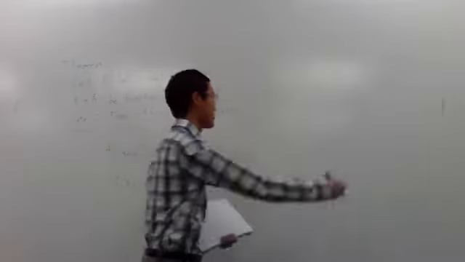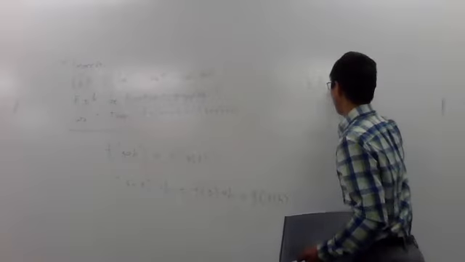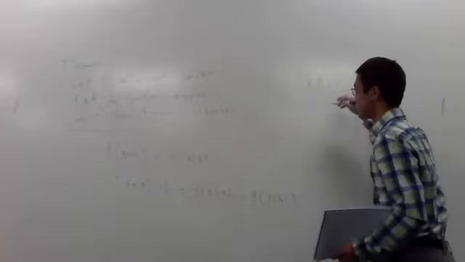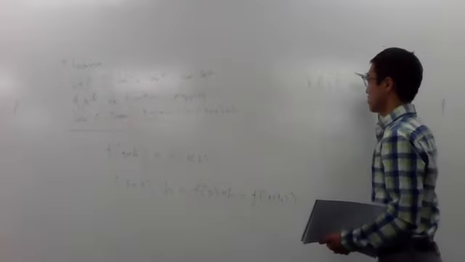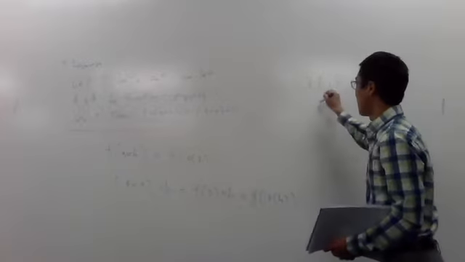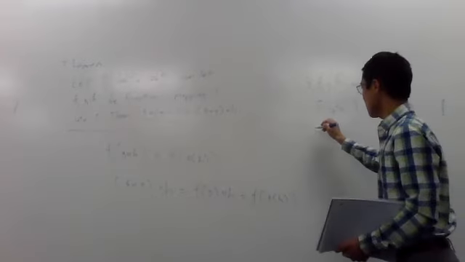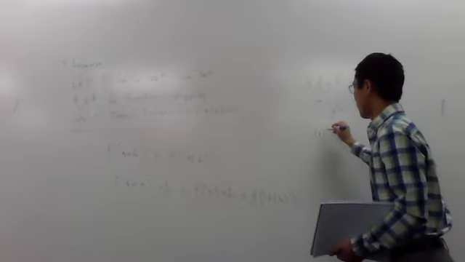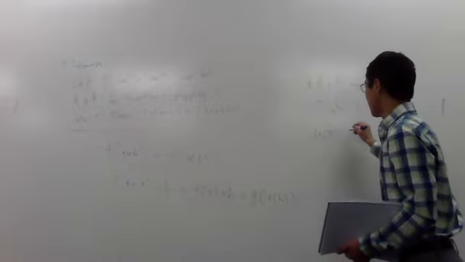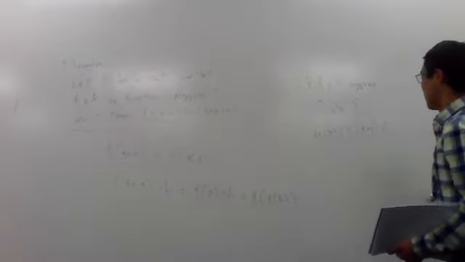So we can make a statement. We can say then for all F, G, H mapping S into S, F of G of H is equal to F of G of H.